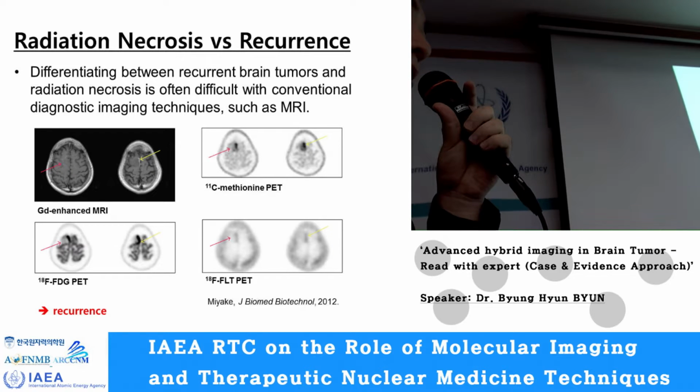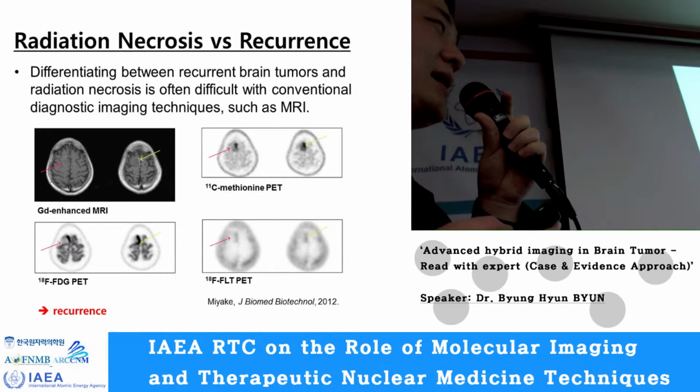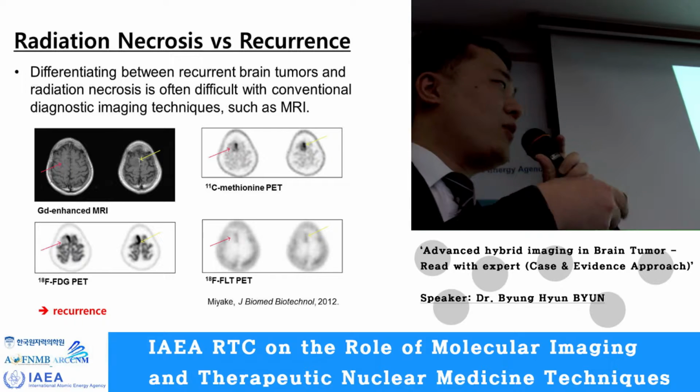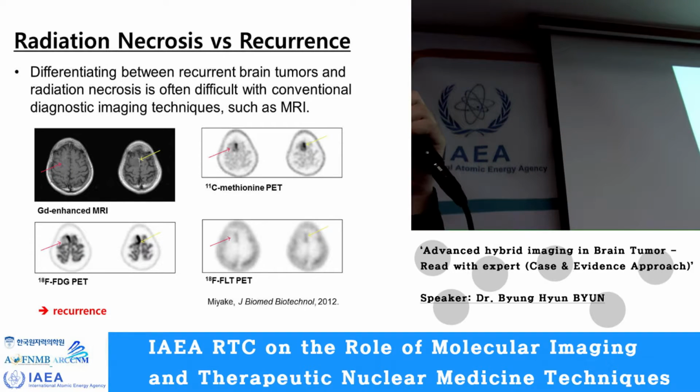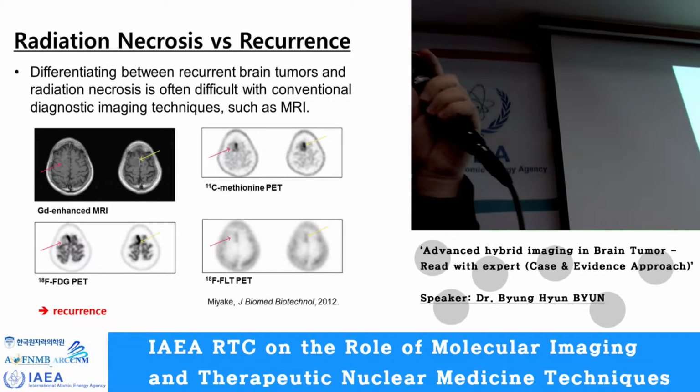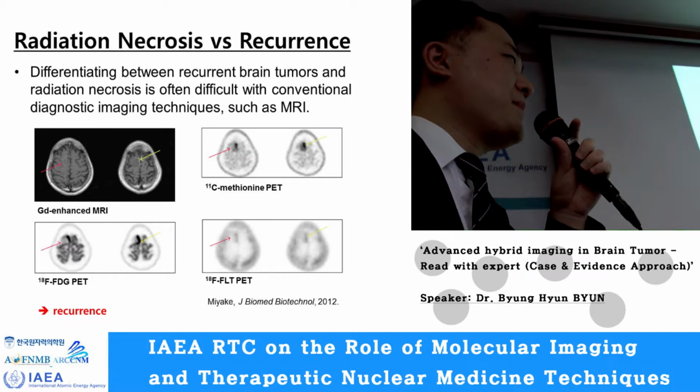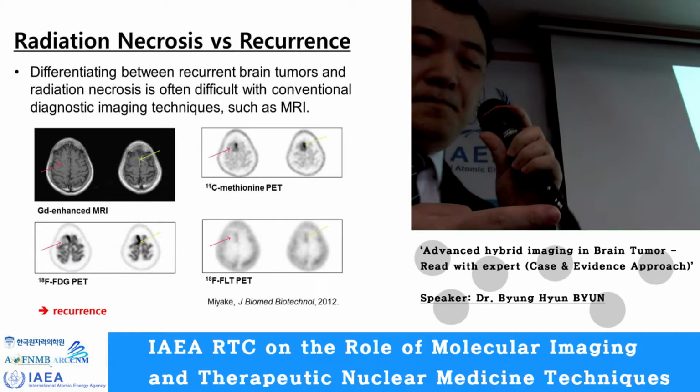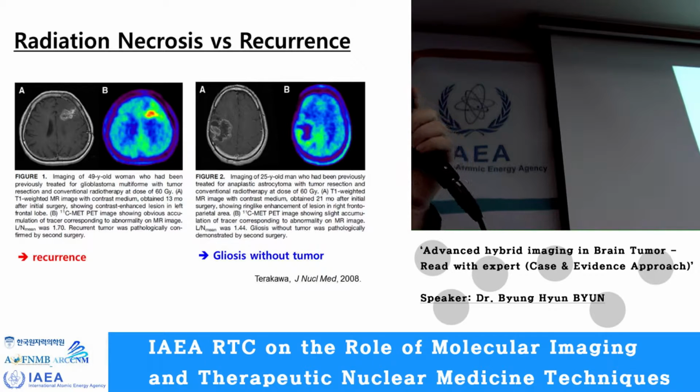And FLT PET also showed increased uptake. If we meet this situation, we can say that this is a high probability of recurrent brain tumor. But when we see these images, we can think differently.